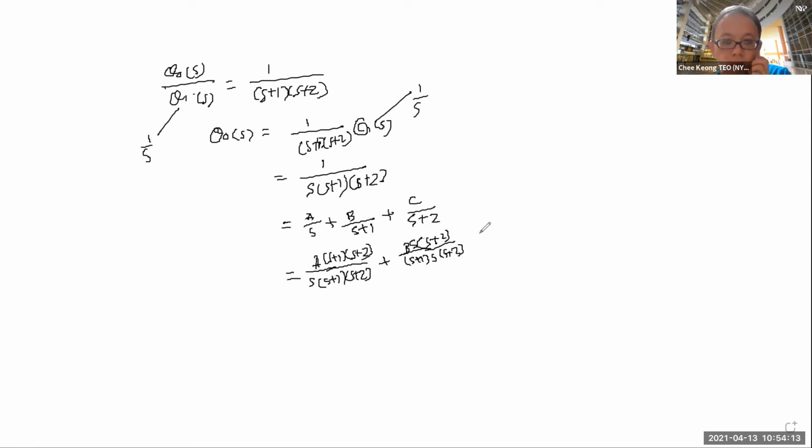Now the third term, c over s plus 2, you lack s and s plus 1, so on top you also multiply by s and s plus 1. That completes the whole thing. Because all of them have the same denominator, you can add them up together. So basically, the numerator will become a times s plus 1, s plus 2, right?